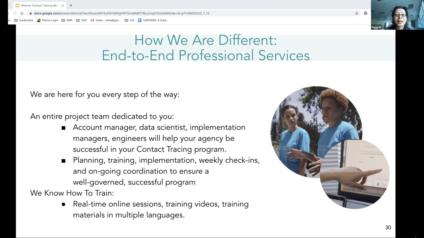So the stakes are high for the people that you're trying to contact. And so the training is not only about how to use the product from a technical point of view, but also about culturally competent messaging and motivational interview skills, all those soft skills that we know are vital to ensuring the trust of the vulnerable communities that you work with.